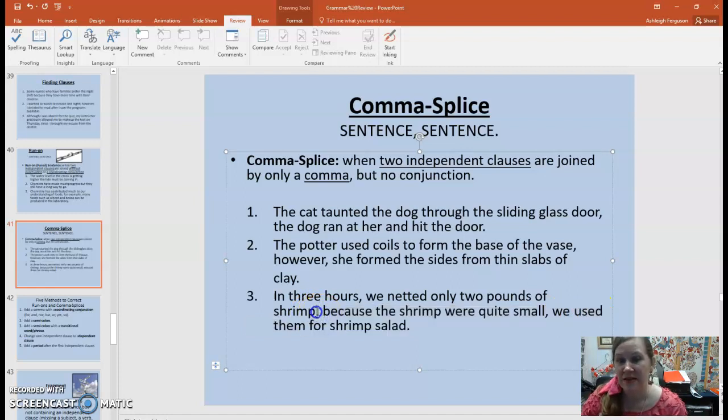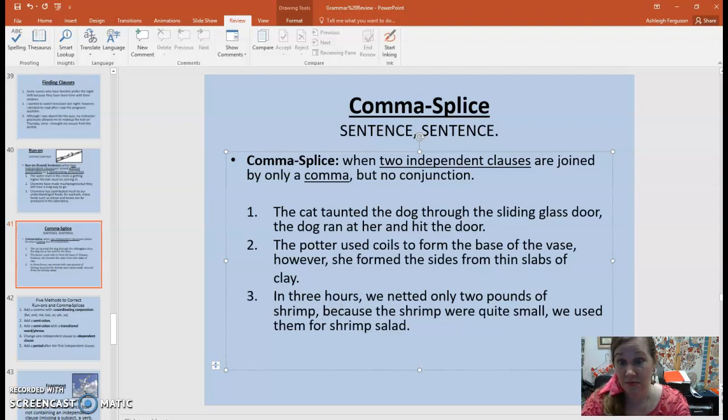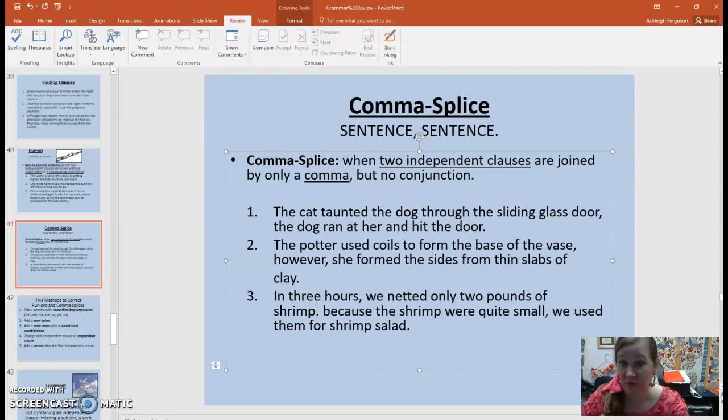Now the comma splice is right here because we have two sentences coming together. This is a compound complex sentence, but right now it's a comma splice because of this comma. Now there's different ways, again, you could correct it. You could do an and there. Okay, that would correct it. You could put a semicolon to correct it. You could also put a period and correct it.